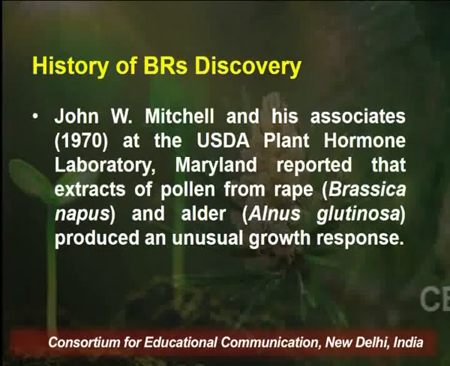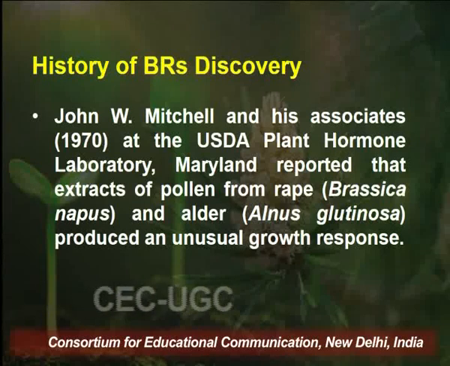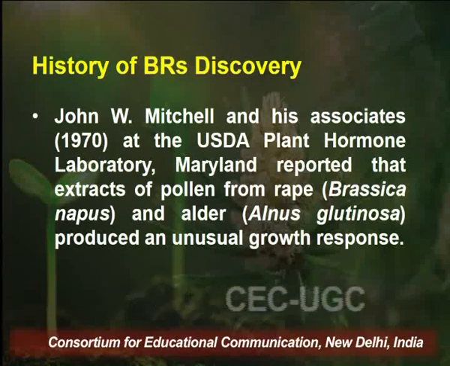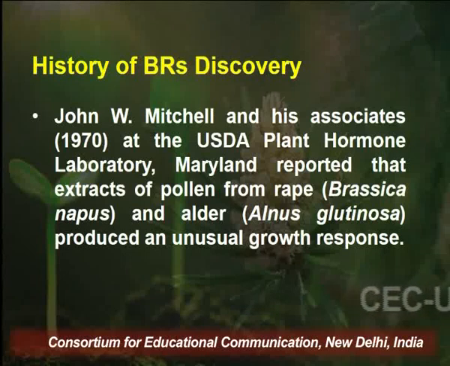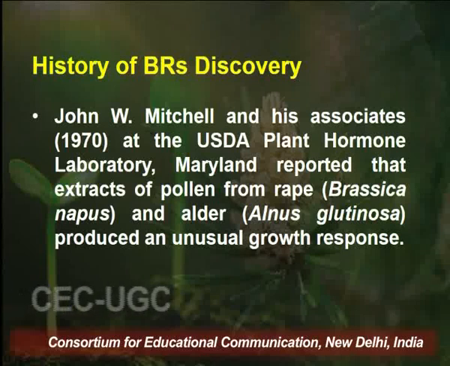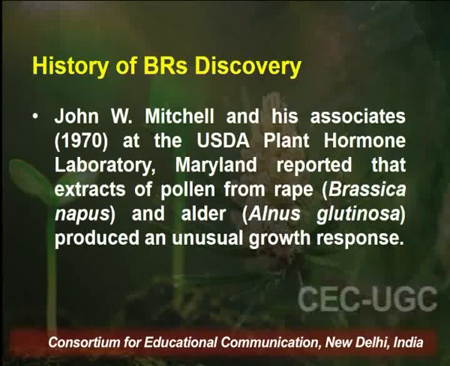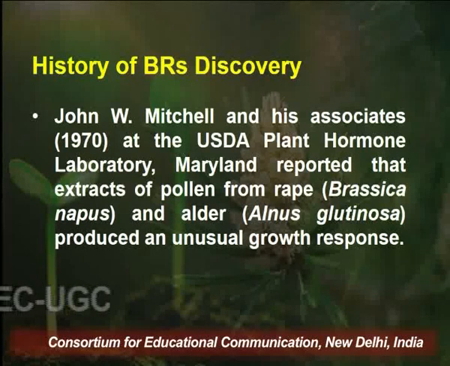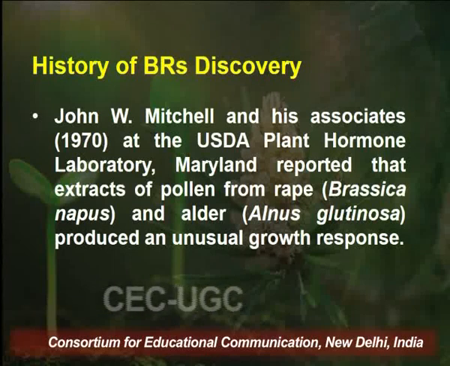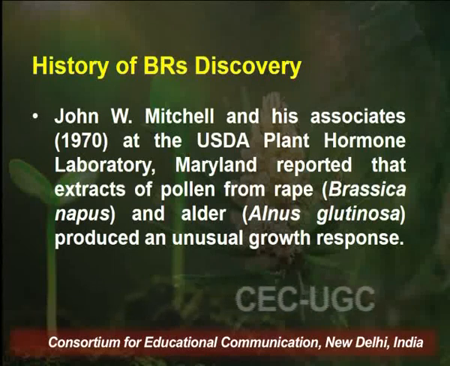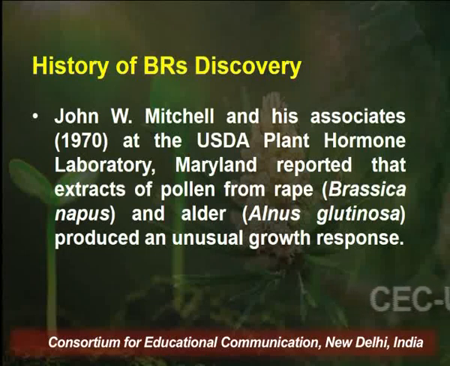Now we'll move on to how these brassinosteroids were discovered. It was Mitchell along with his associates in 1970 at the United States Department of Agriculture Plant Hormone Laboratory, Maryland. They reported that extracts of pollen obtained from rape seed, that is Brassica napus, and alder, that is Alnus glutinosa, have an unusual effect on the growth of the plant.